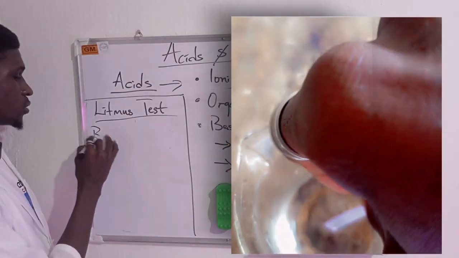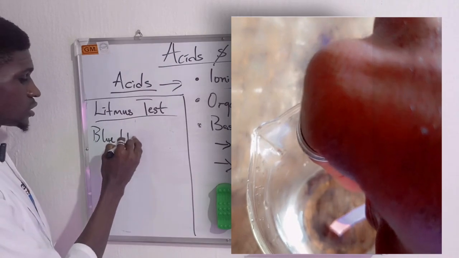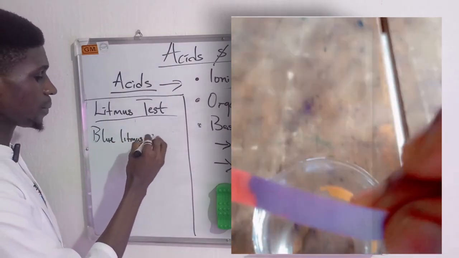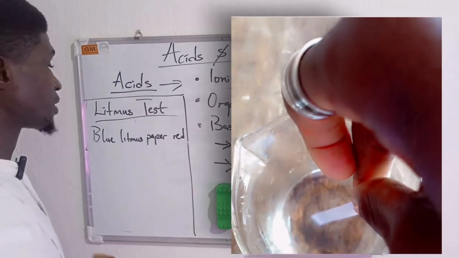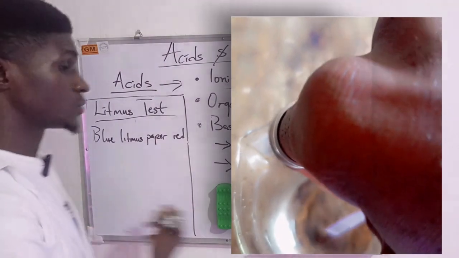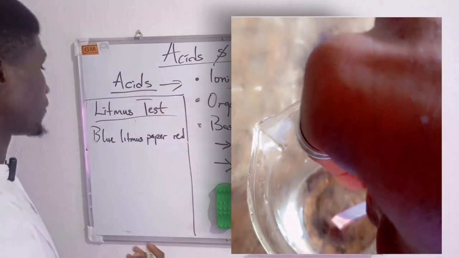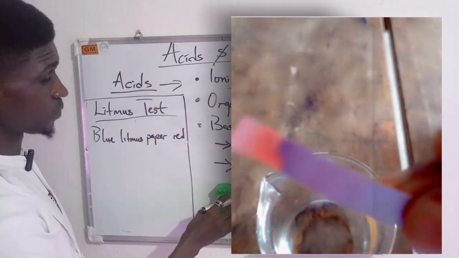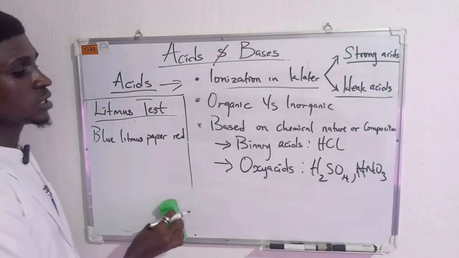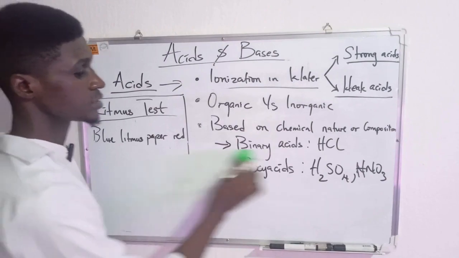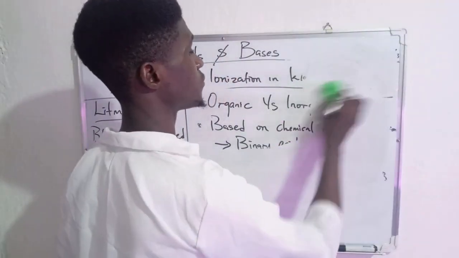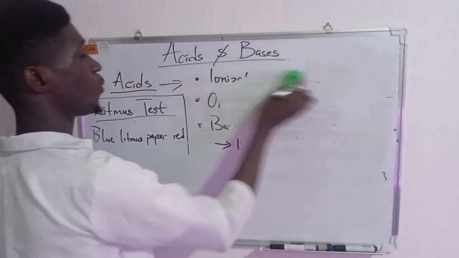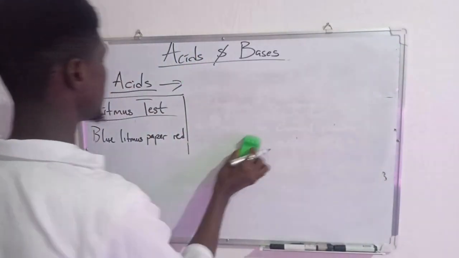So it turns blue litmus paper red. I'll show you the practical example so you get to know this in real life. We are going to be looking at bases. I believe this is a summary of what you should know about acid.